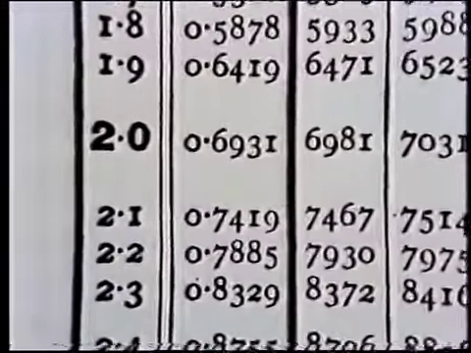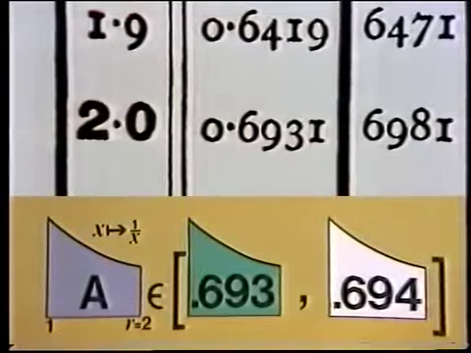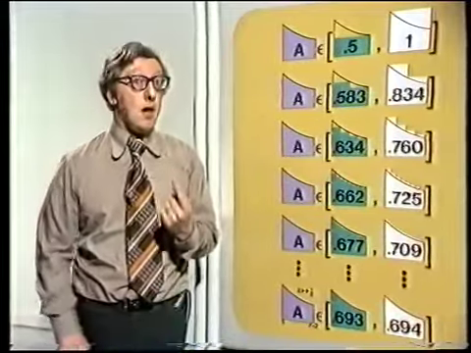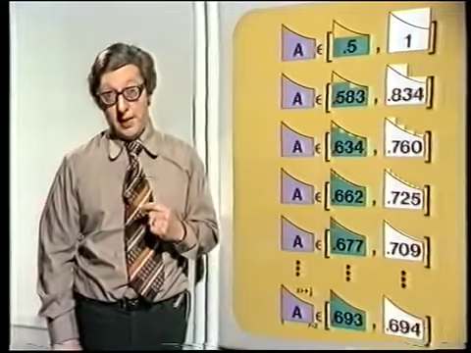And the value of logarithm of 2 to the base e does agree with our estimate of the area. So that's the numerical part of our evidence that A of r is precisely log of r to the base e. Now, don't forget the other piece of evidence is the logarithm rule for the addition of areas.